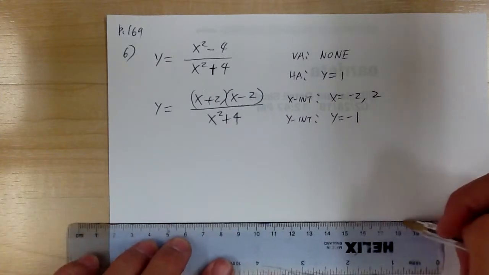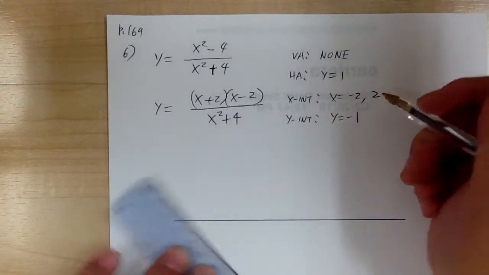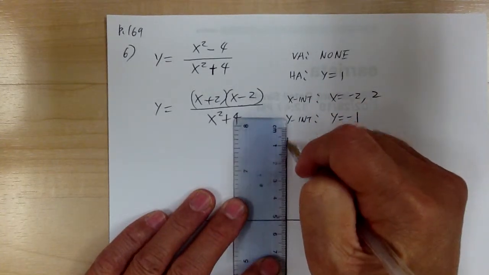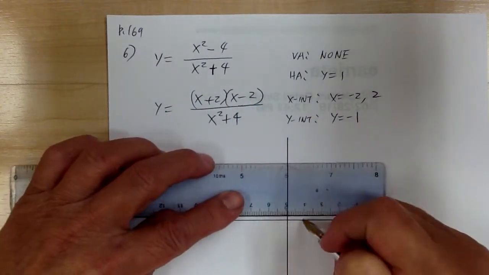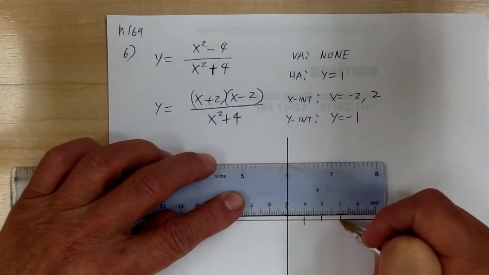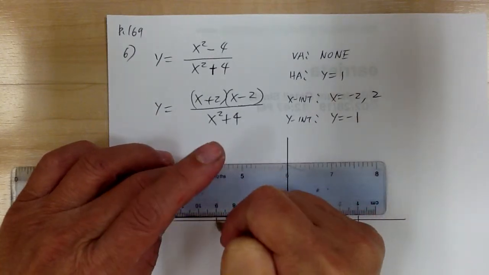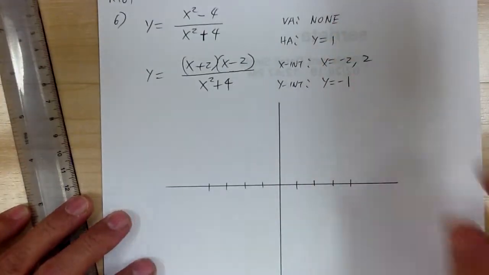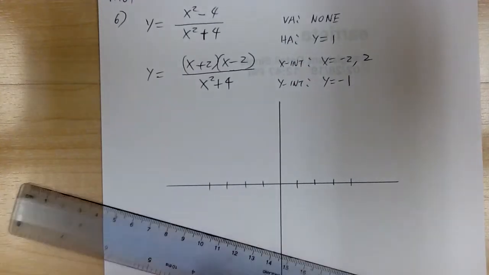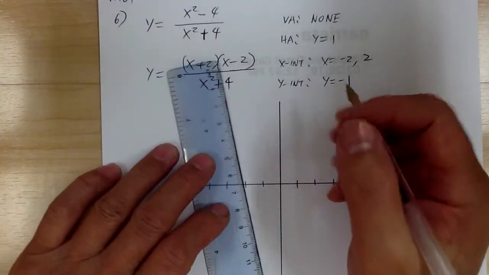So from here, you go ahead and sketch. Okay, so no vertical asymptote. Horizontal asymptote is y equal to 1.